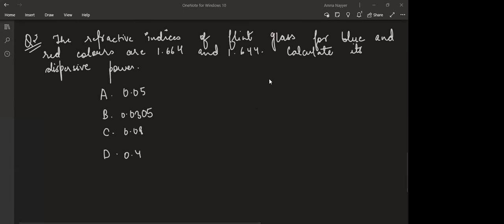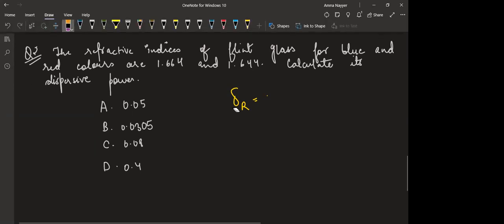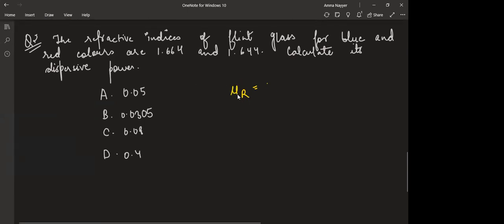Good. See, here what do we use? The value given for red is not the angle of deviation, it is the value of refractive index. So the refractive index for red is given as 1.644.